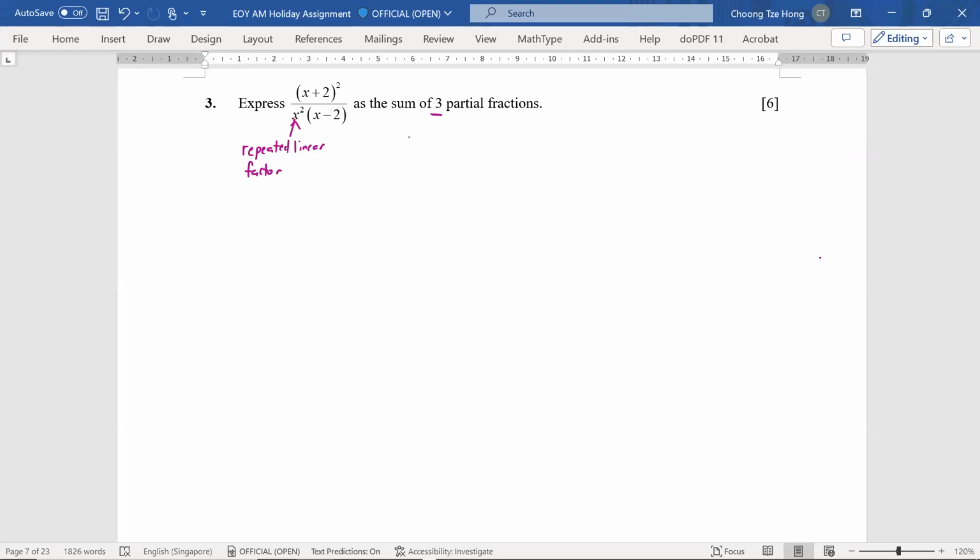Let's take a look at how we can break up a repeated linear factor. We are going to let (x + 2)² over x²(x − 2) be equal to, for a repeated linear factor, the first term is without the square, then the second term will be the one with the square.